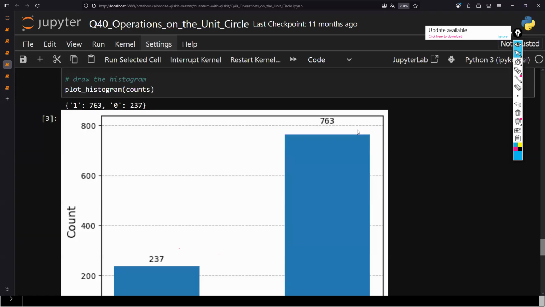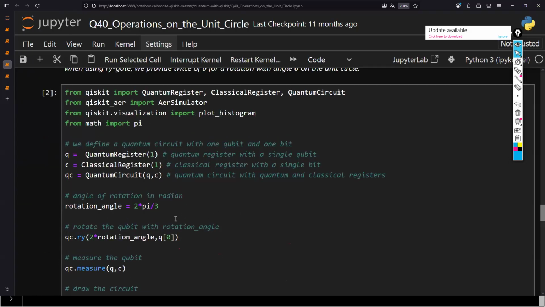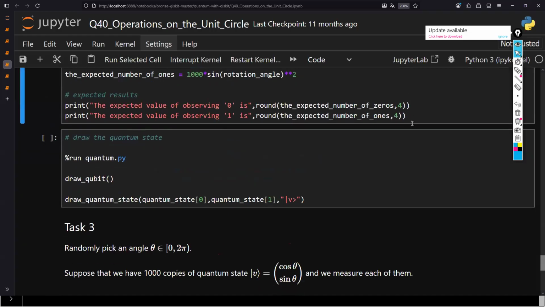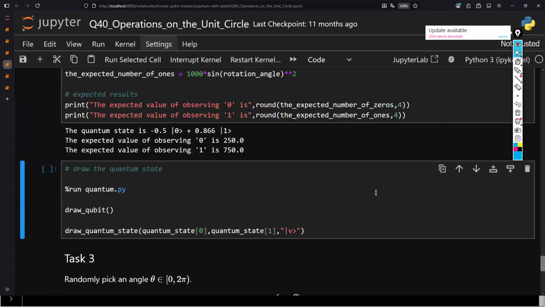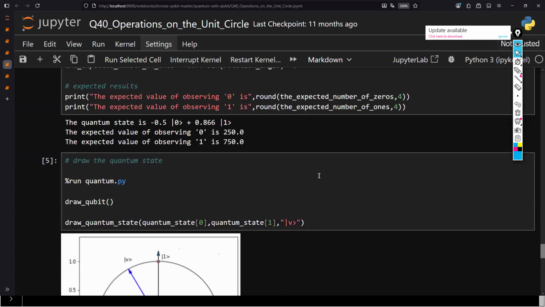More than the fair coin, it would represent our biased coin. In this scenario, since we have 2 pi over 3, we could also see this and this.